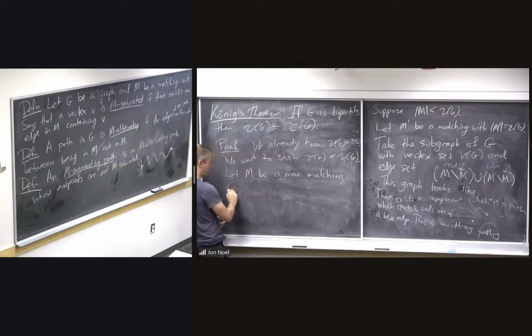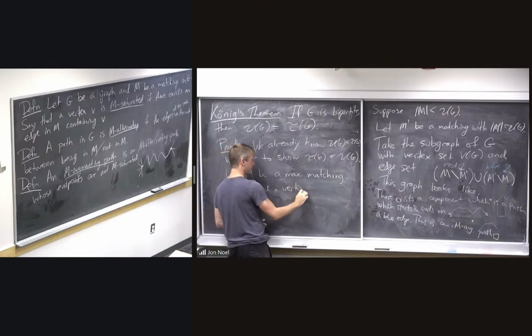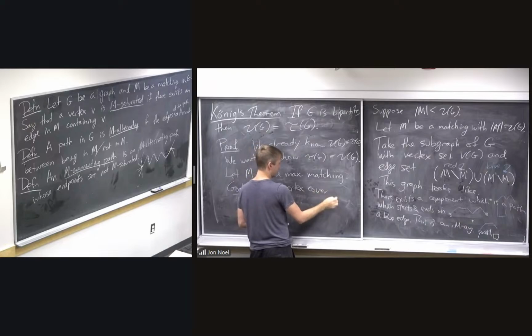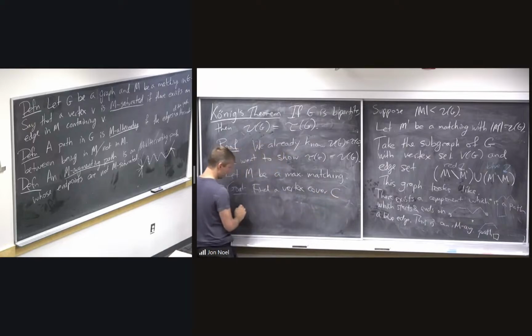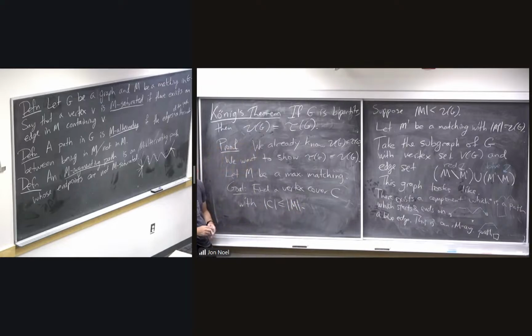And our goal is to find a vertex cover C with cardinality at most the cardinality of M. Okay, and then tau of G is the minimum vertex cover, so the minimum would also be at most that.